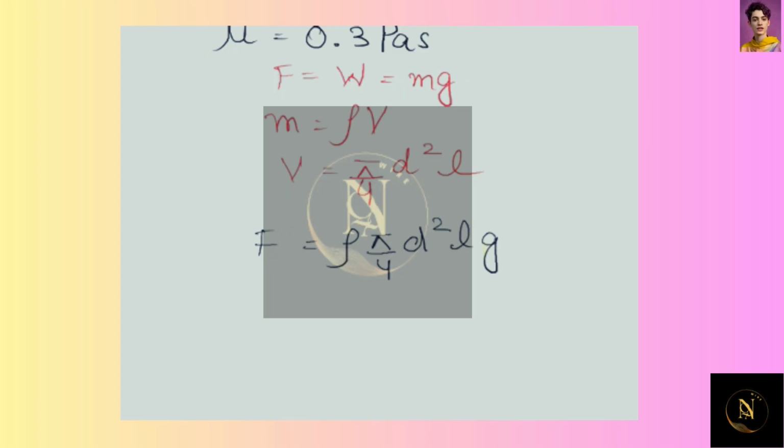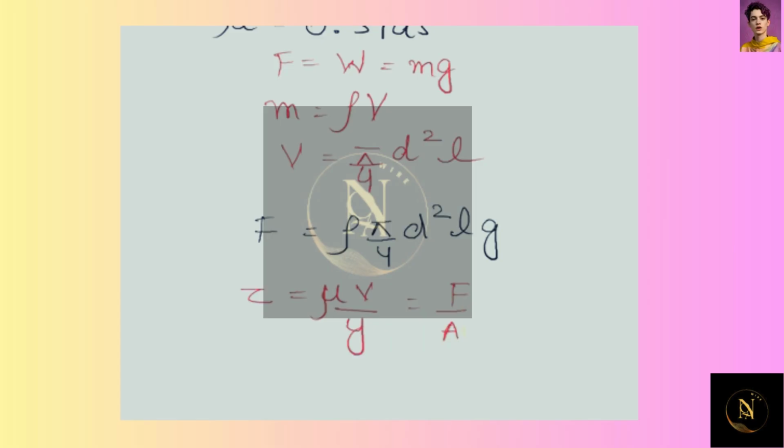We know that shear stress is given as tau equal to mu V divided by Y, where mu is the viscosity, V is velocity, and Y is the required clearance between the tube and the cylinder. And also shear stress is equal to F upon A, where F is force and A is the surface area.